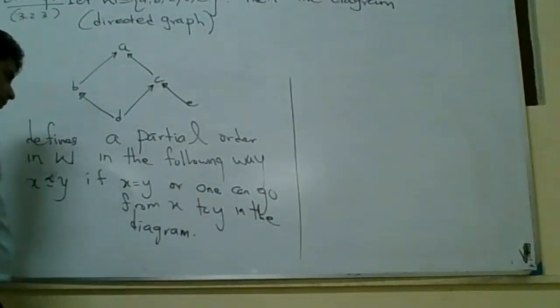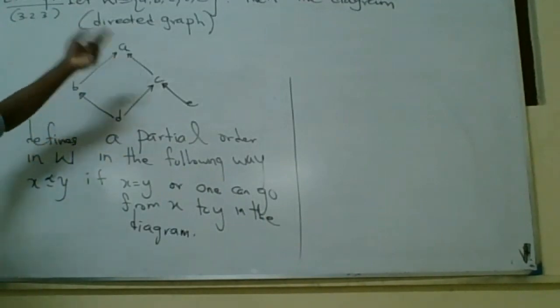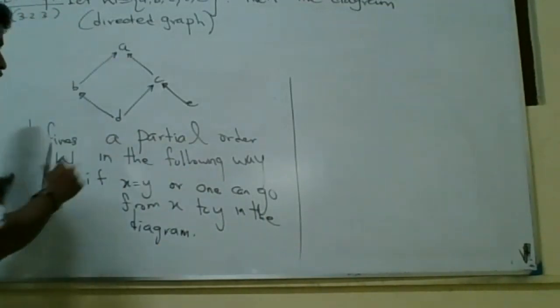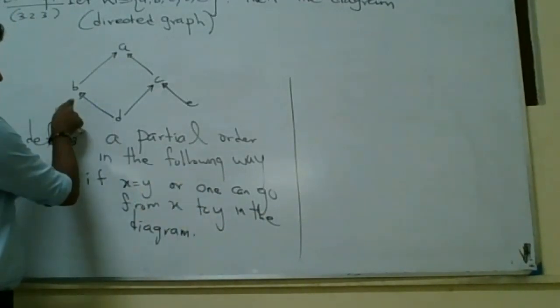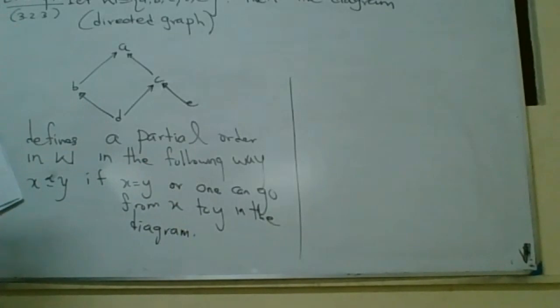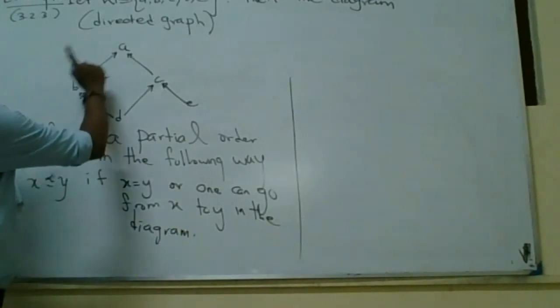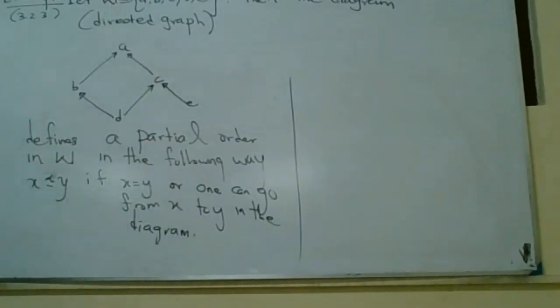So X equals Y means D equals D, B equals B, A equals A, C equals C, and otherwise one can go like here D to B, but B to D is not possible. One can go from X to Y in the diagram like this: C to B, E to C, C to A. Always moving in the indicated direction.